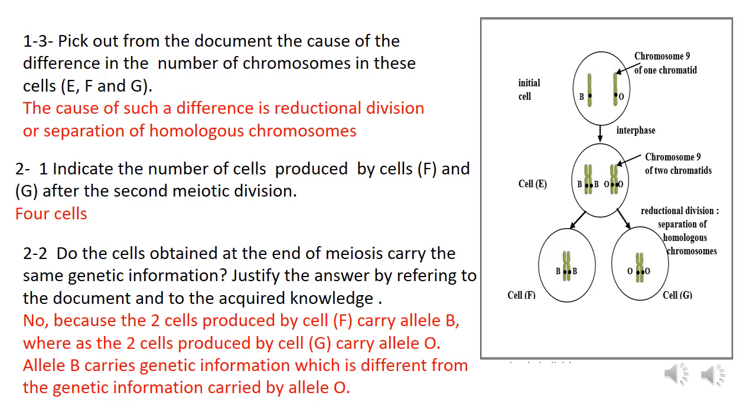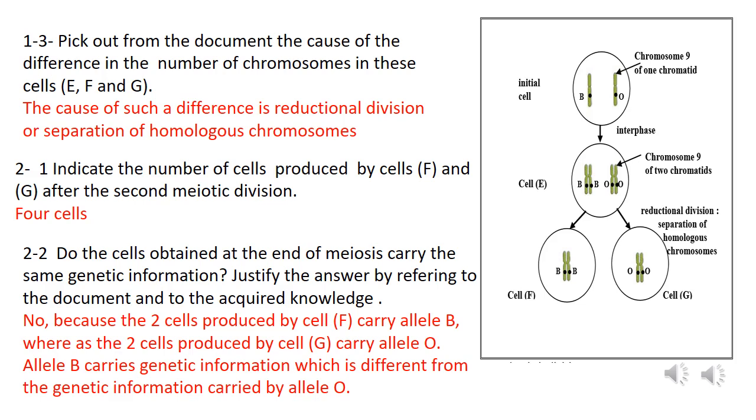Last question, 2.2. Do the cells obtained at the end of meiosis carry the same genetic information? Justify the answer by referring to the document and to your knowledge. The answer is no. Why?